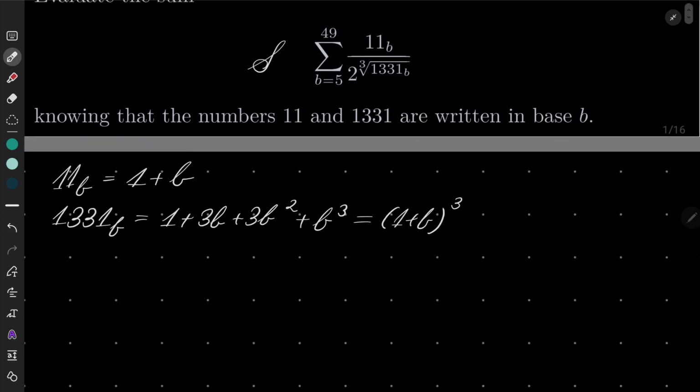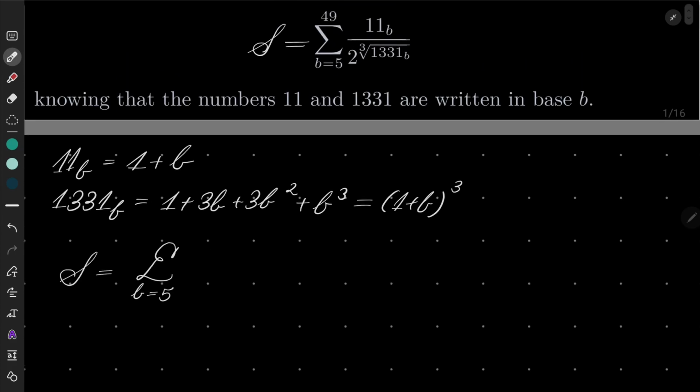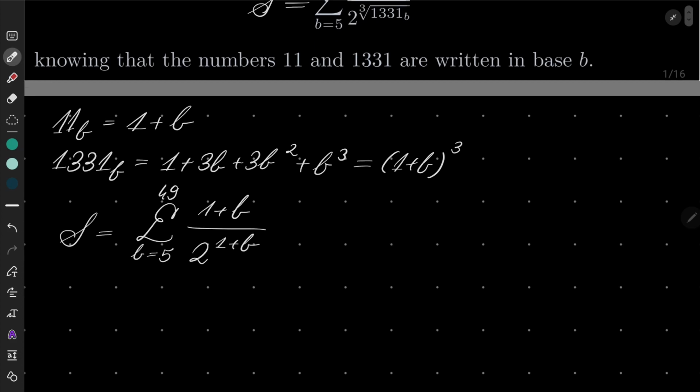So denoting our sum by letter S, we wish to evaluate the sum from b equals 5 to 39 of (1 plus b) over 2 to the power of the cube root of (1 plus b) cubed, so it's 1 plus b. Now let's shift our index of summation a little bit. Instead of b plus 1, I will put k. So k goes from 6 to 40 of k over 2 to the power of k.